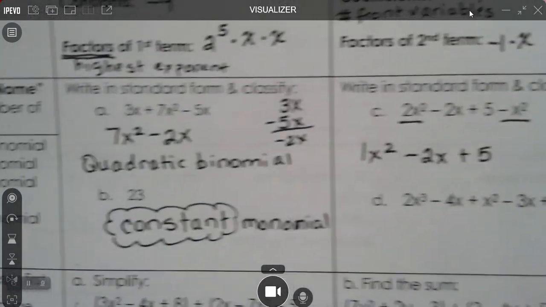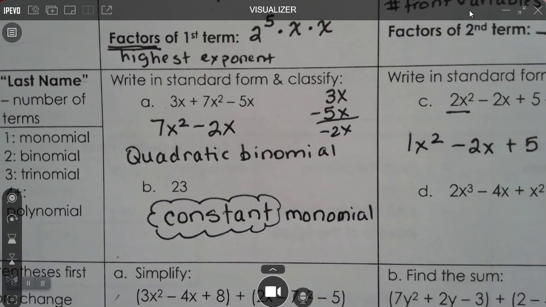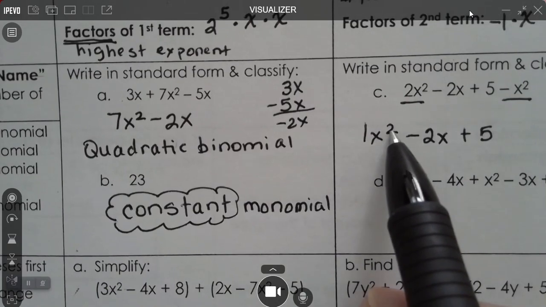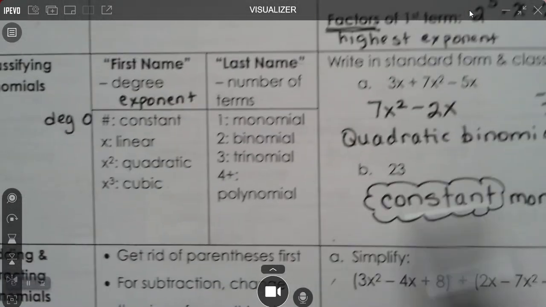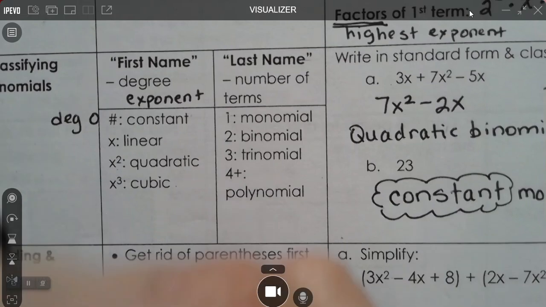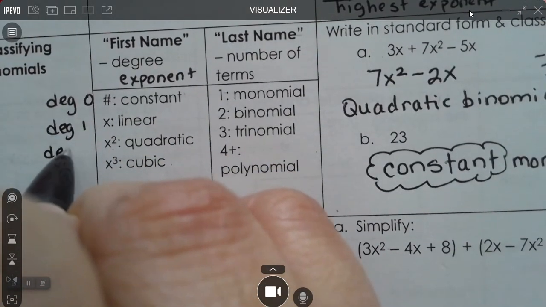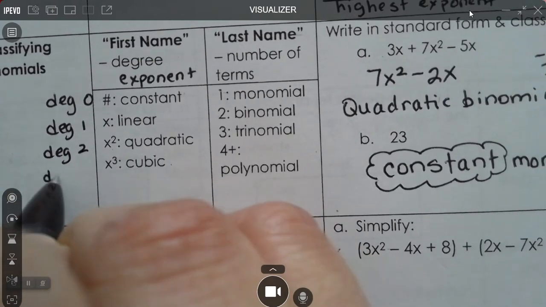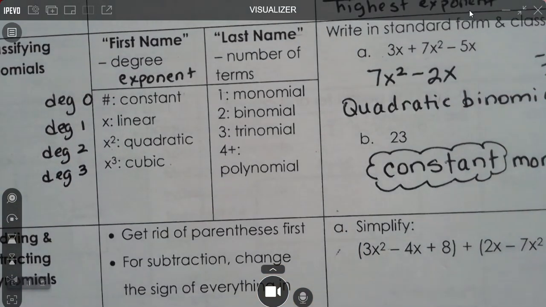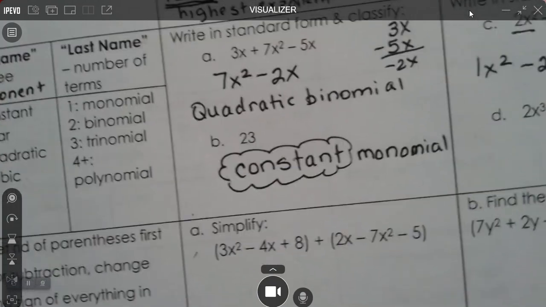All right, so now you have to come up with the name. The highest exponent is 2. So from the list, what do you name something with degree 2? We don't know? Okay, good. We do know quadratic.